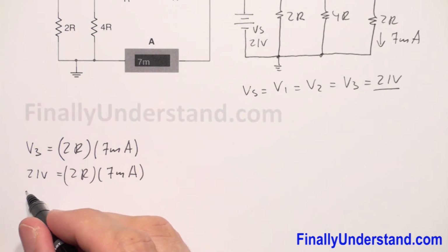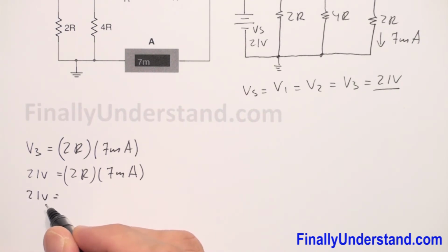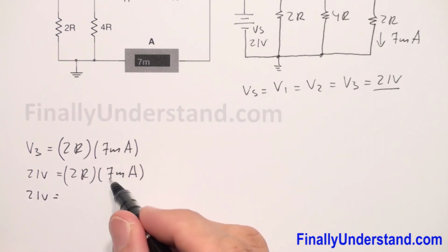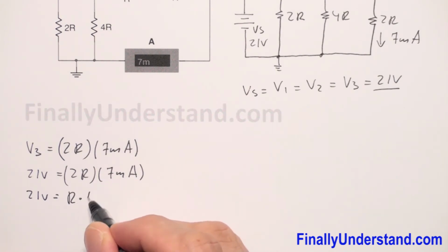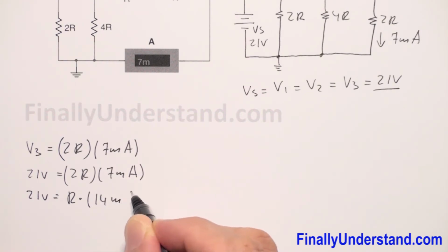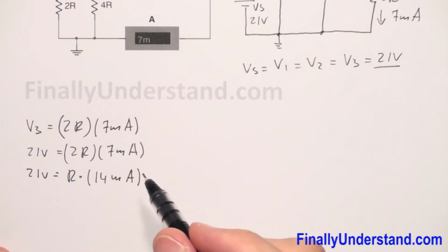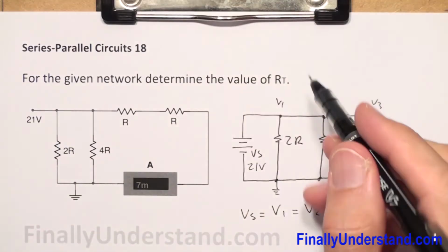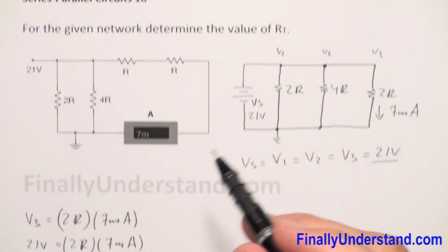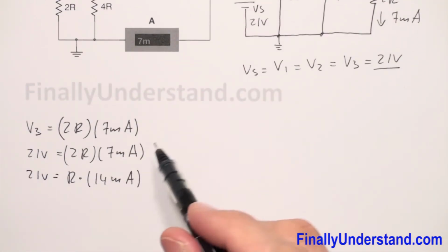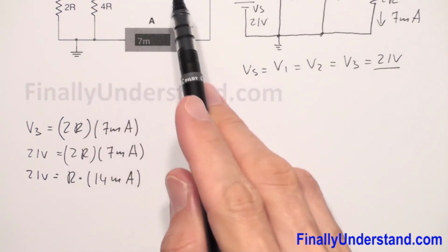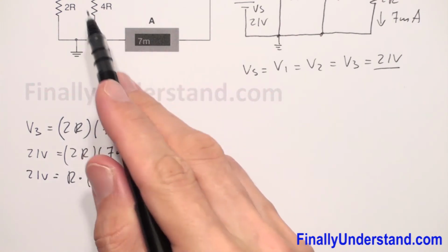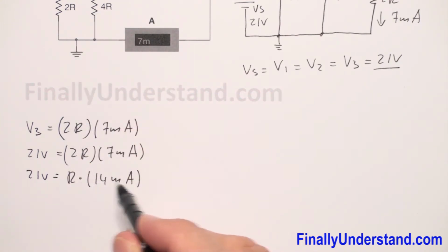I can say that 21 volts is equal to 2 times 7 milliamps, which is 14 milliamps, so I have R times 14 milliamps. I'm looking for the total resistance, so I have to find the resistance. Please notice that we are missing the R, so this R is going to be calculated from this equation.